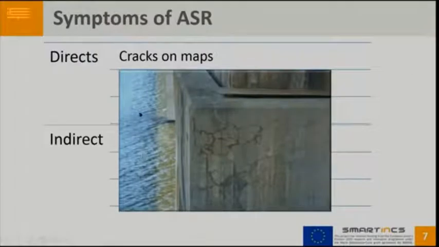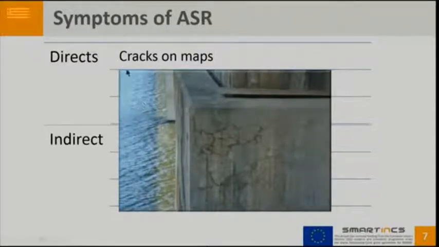Not always is the main symptom in a structure direct. It could be that we cannot see the damage or cracks in the concrete, but we have an indirect symptom before there is damage. Before that, we can see the problems in the concrete.